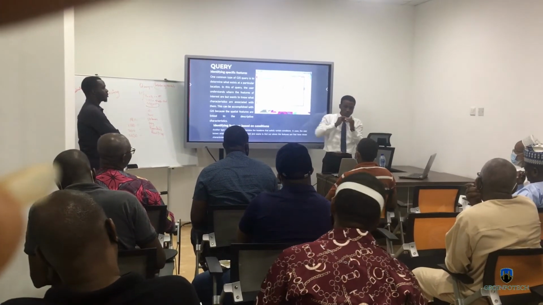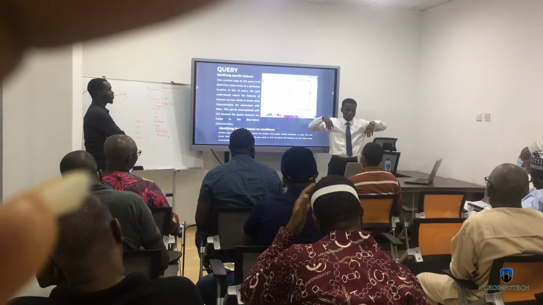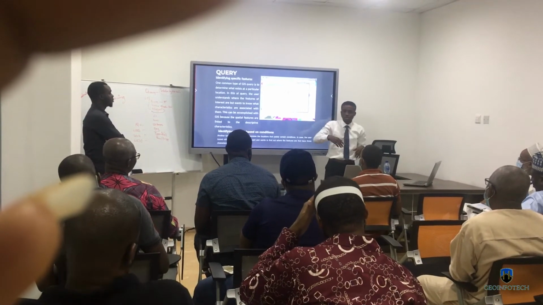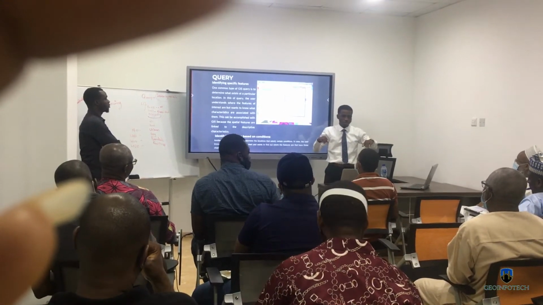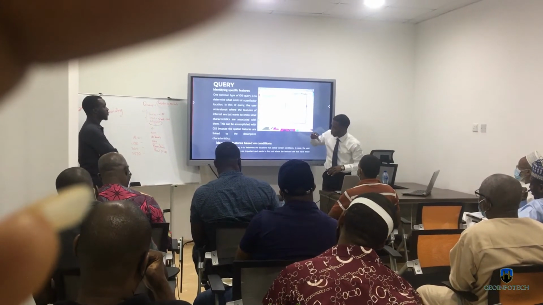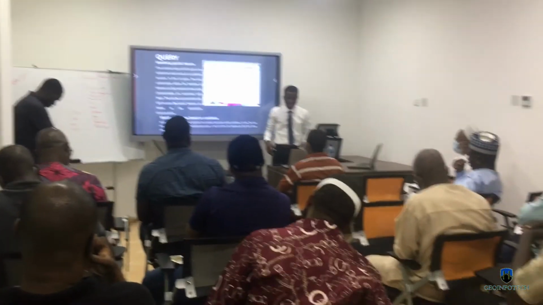Your client is supposed to be able to sight that building at a particular angle. When we go into Esri CityEngine, has anybody used Esri CityEngine before? Alright, let me not go further into that. Query is all about questioning the database, giving you information that already exists in the database.